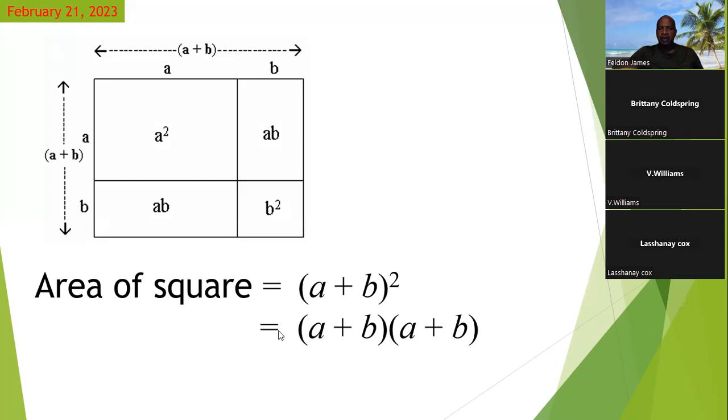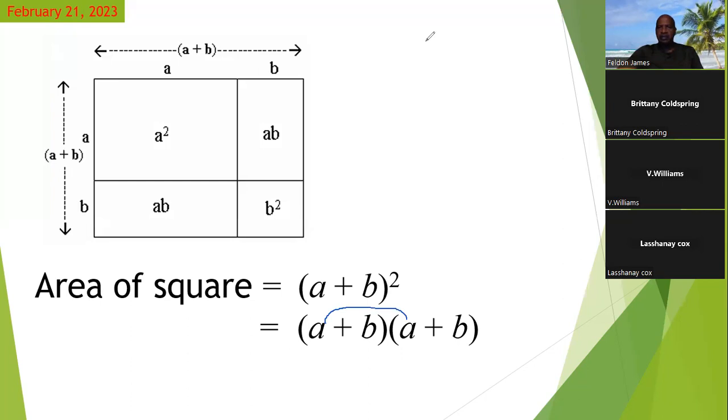And if we follow the distributive law that we would have learned when we're expanding binomials, then we would multiply A times A to give you A squared.